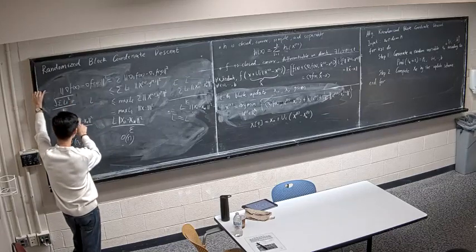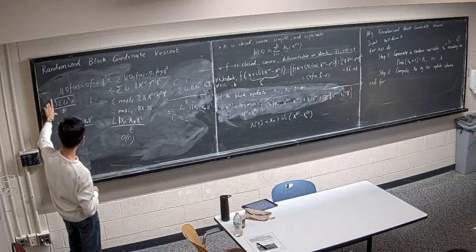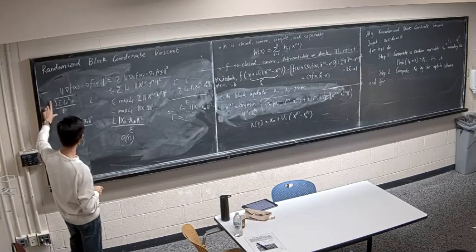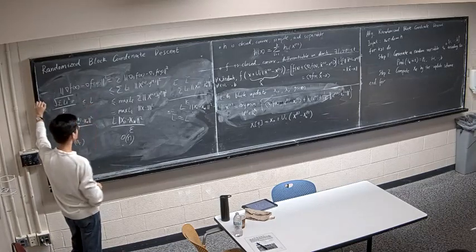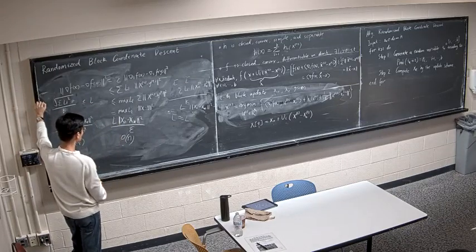Use this one as an approximate full gradient smoothness parameter. Yeah, so we do not gain anything in the order of B, but the computation in each iteration will be easier.